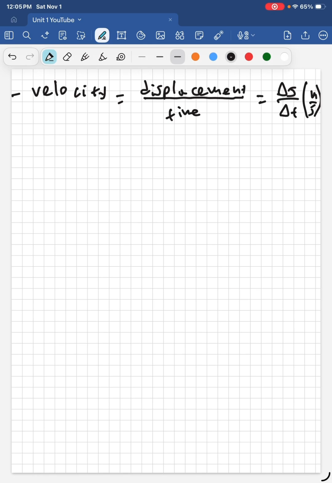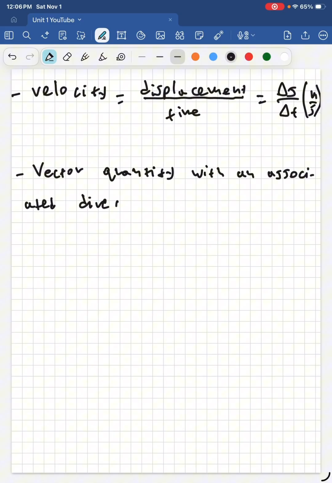All right, so now this is a vector quantity with an associated direction.